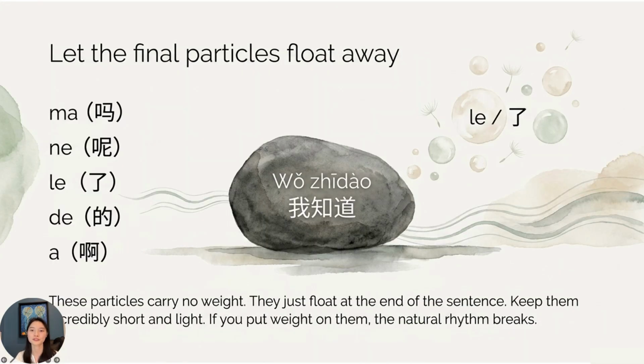One of the most important features of natural Mandarin is the use of sentence final particles. We covered this in episode 11. Ma, ne, le, de, a. In natural speech, these particles are always short and light. They carry no weight. They just float at the end of the sentence.